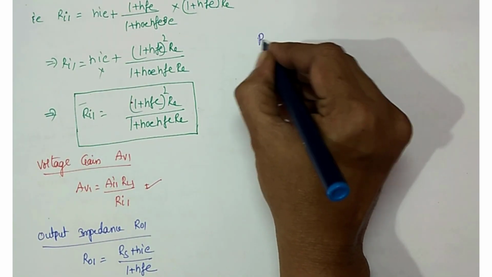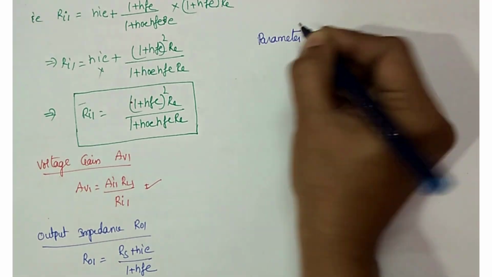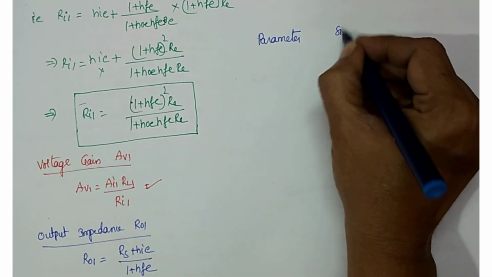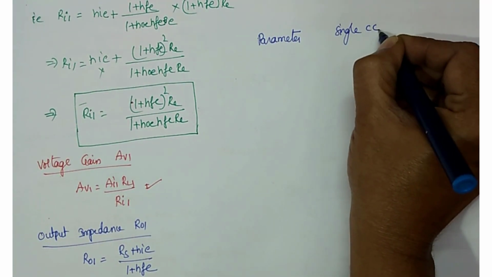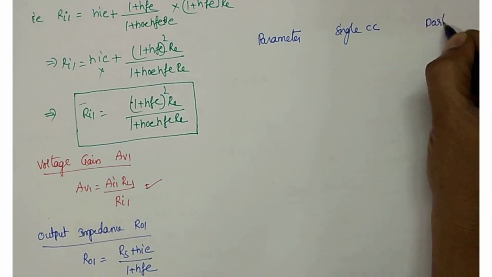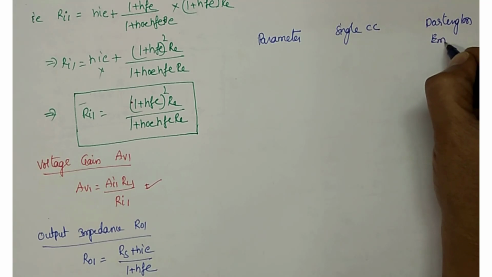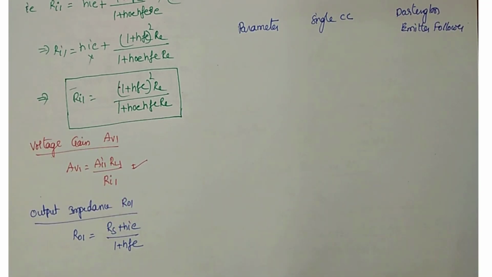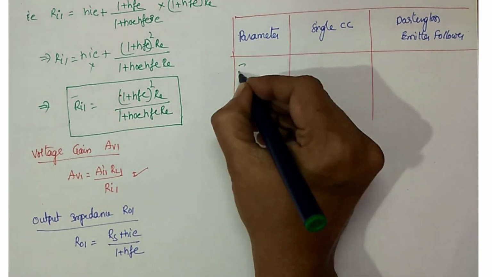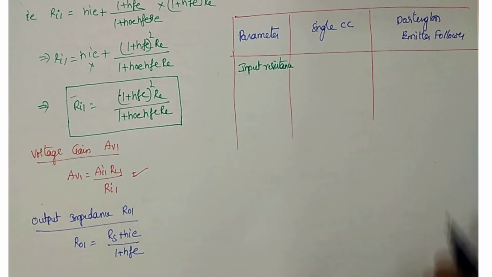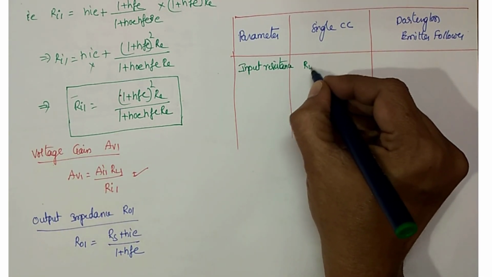So now take a simple table with the parameter, single CC, and Darlington emitter follower. First one is input resistance. For single CC, what is Ri?